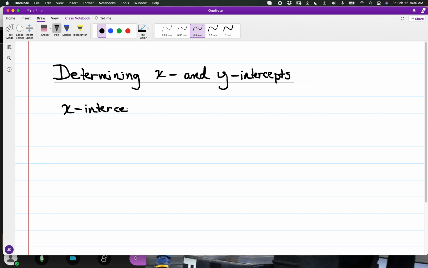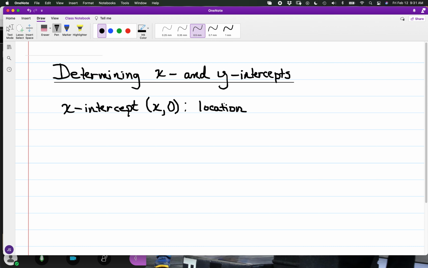For the x-intercepts, an x-intercept is going to have the general coordinates x, 0, and by definition this is going to be the location where the graph, which may be a function or might be a non-function, again, each x-intercept is going to be a location where the graph crosses or touches the x-axis.